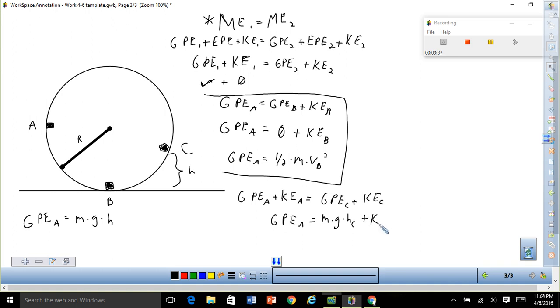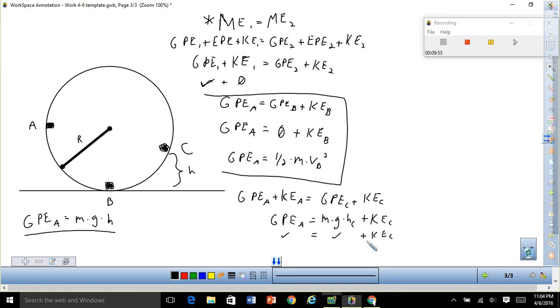And don't forget the kinetic energy is still a part of the equation as well. So now this is a known number from our original calculation. This is now a known number since we just found that. And then we could subtract this gravitational potential energy from both sides of the equation and get a value for the kinetic energy.